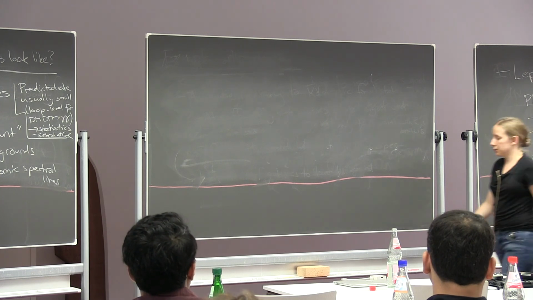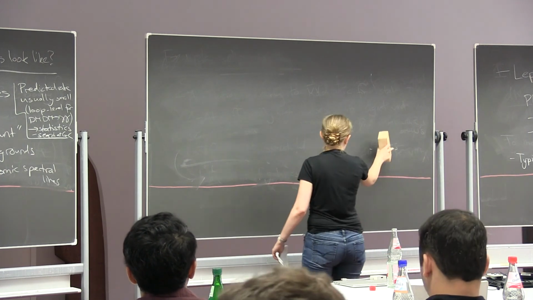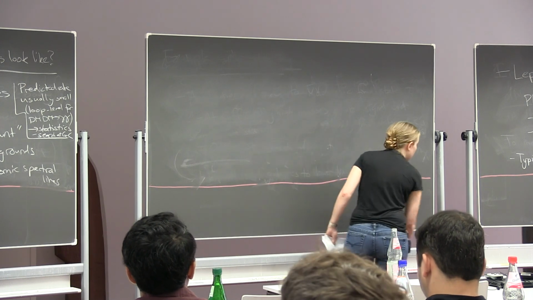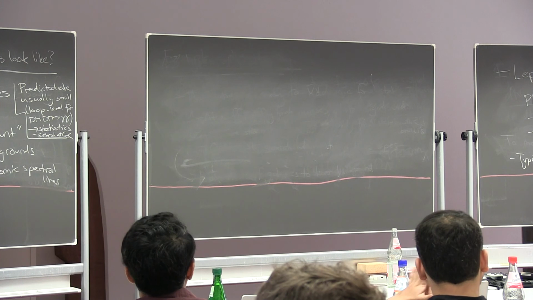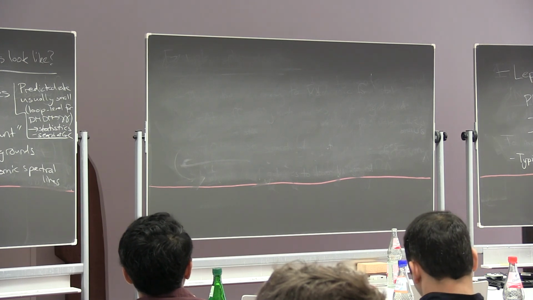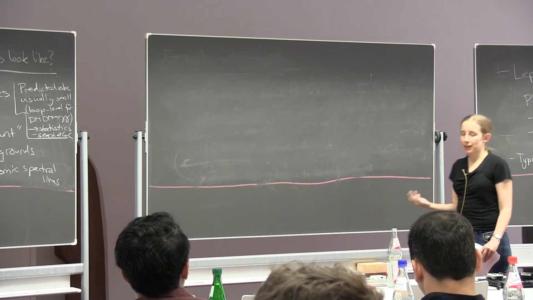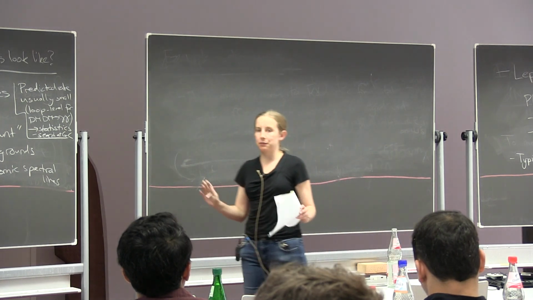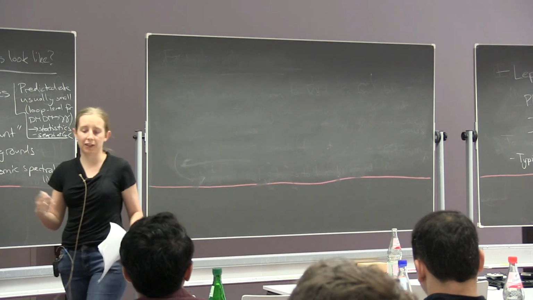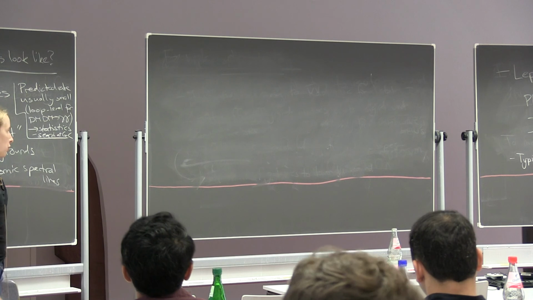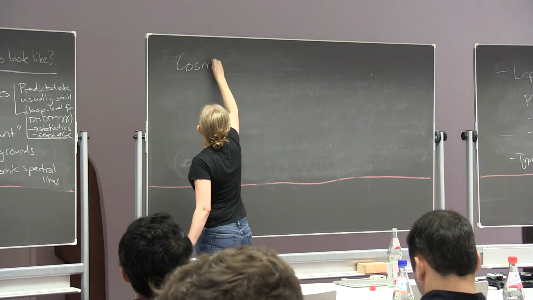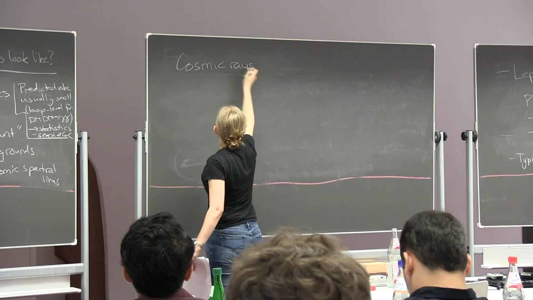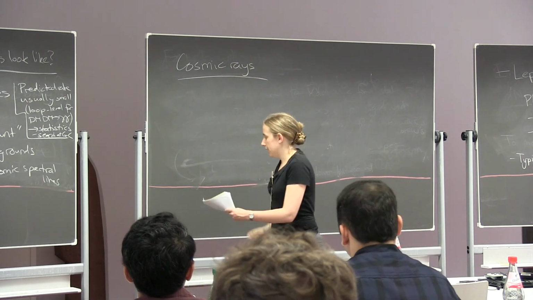So the question will be, okay, how do we understand signals from cosmic rays? Also, even for the photon signals, the dominant way that gamma rays are produced in our galaxy is by cosmic rays interacting with the interstellar medium. Not cosmic rays from dark matter annihilation, just ordinary cosmic rays accelerated in supernovae. So both for understanding backgrounds and signals, modeling the propagation of cosmic rays can be pretty critical.